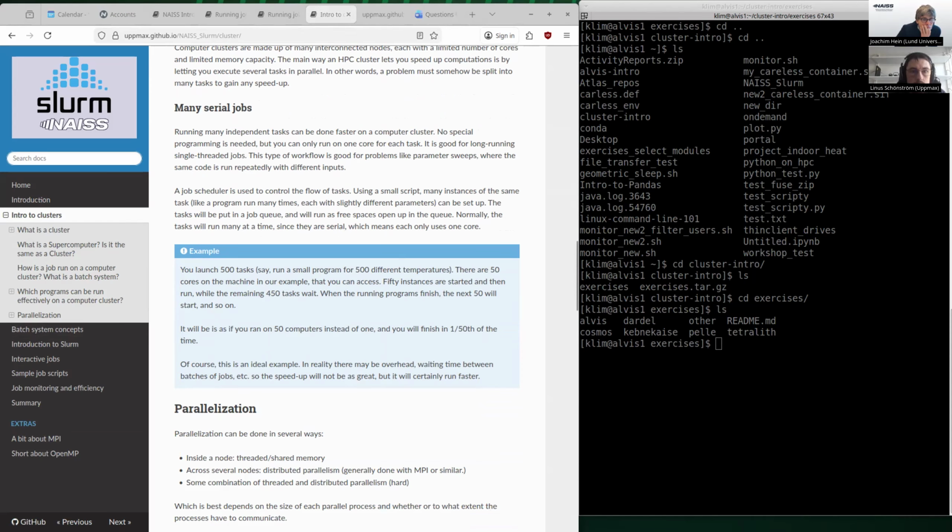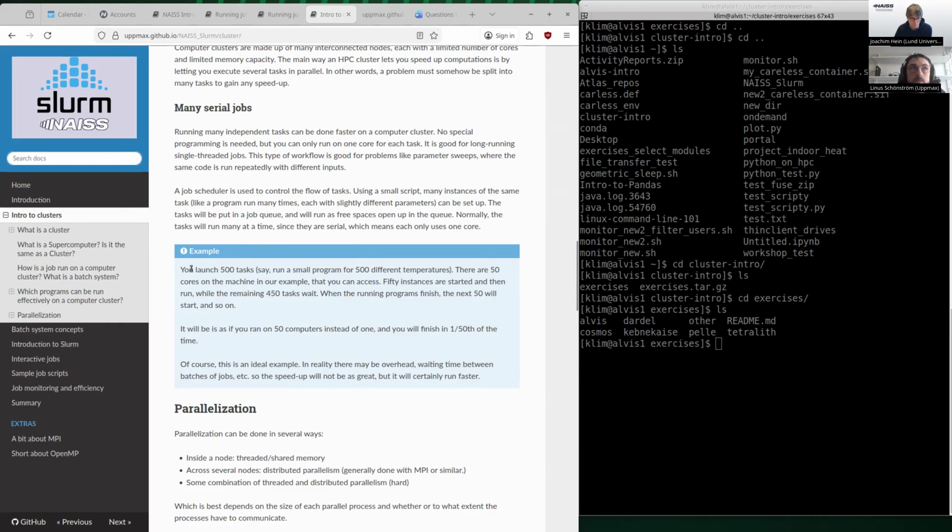The first one is the sequential jobs, and the other is the parallel tasks. So let's start with the sequential jobs, or the serial jobs, where we have many independent single core tasks that you can run over one node or over shared memory.